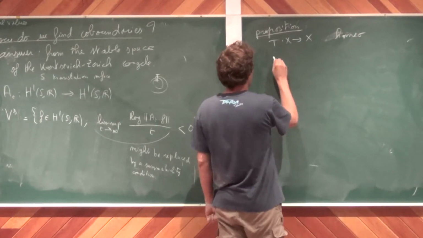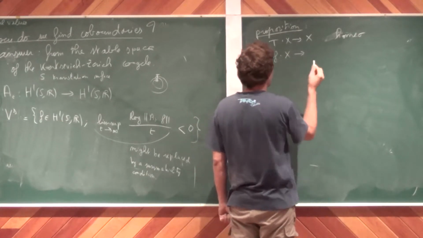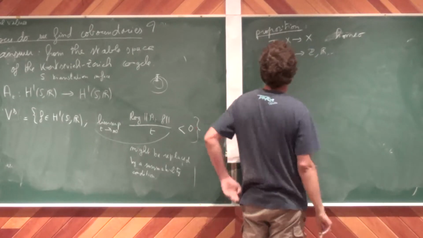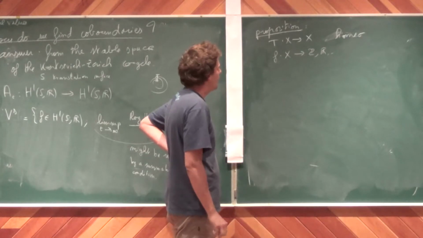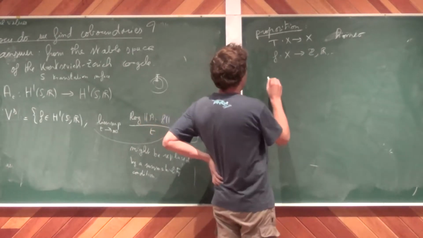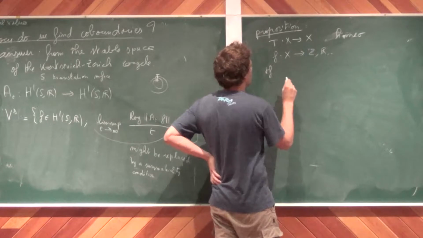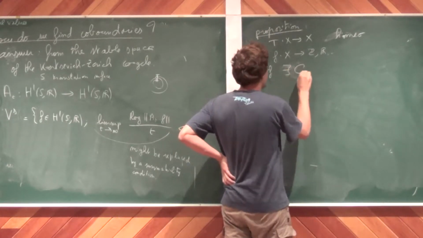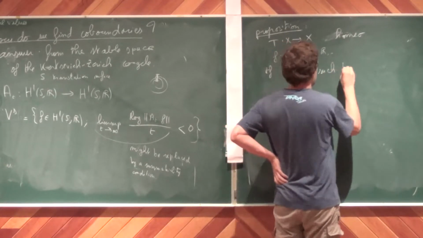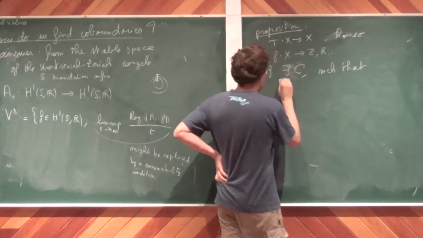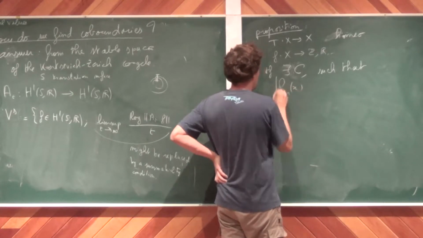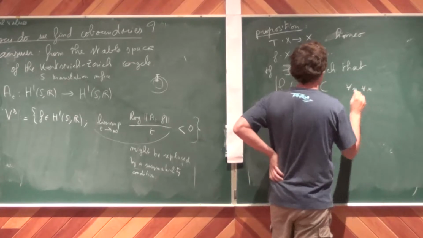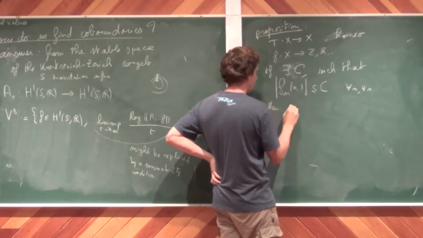And you pick F on X with values in Z, R, or any locally compact abelian group. If there exists a constant such that the Birkhoff sums are bounded for any n and any x, then F is a coboundary.